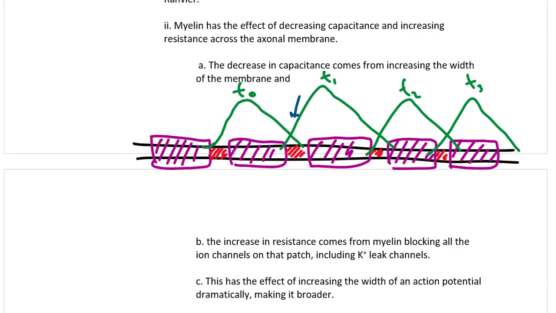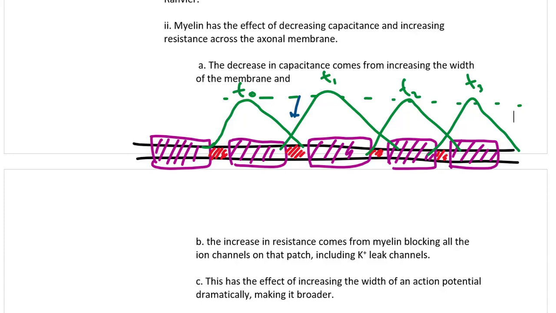And this has the effect of not only making the action potential move more quickly down the axon, but it also maintains its amplitude. And I did not do a good job of showing that because this one is a little bit larger. So let's erase it and make it like that. So they're all going to be about the same amplitude. So it doesn't lose its amplitude, and it just maintains the strength of each action potential as it's moving down.